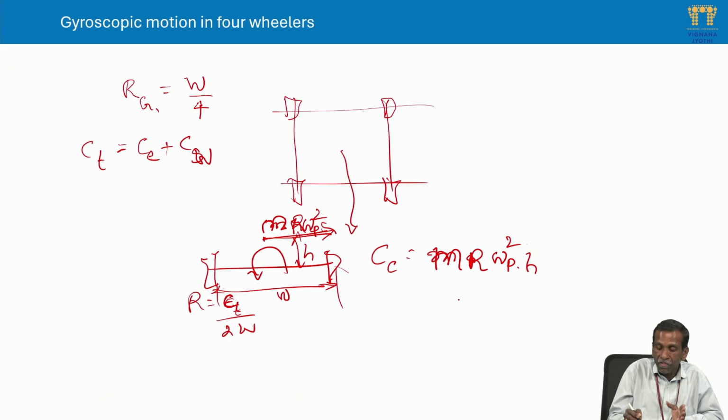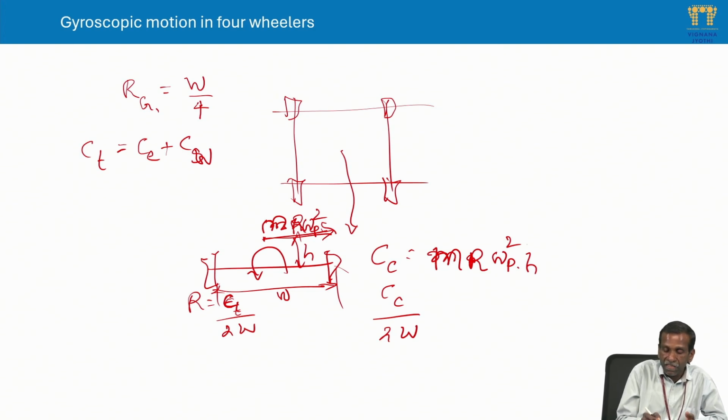So here also, if you apply the equilibrium equation on this couple, the reaction by the ground on each wheel due to the centrifugal couple is Cc by 2W each wheel. Then we have all the four reactions: the reaction due to the weight of the vehicle plus the reaction due to the total centrifugal couple.